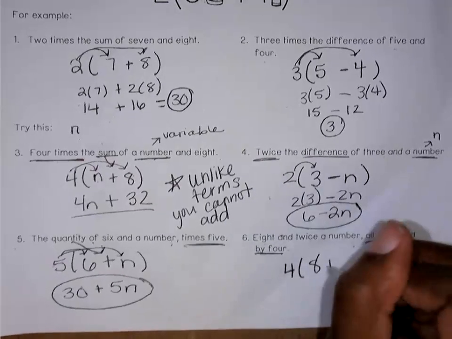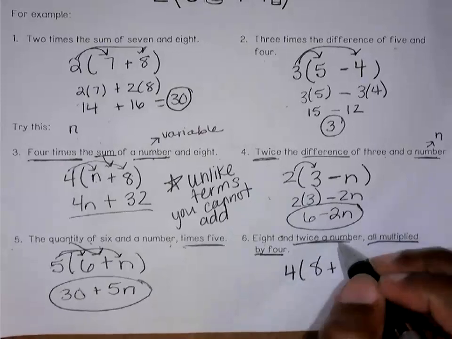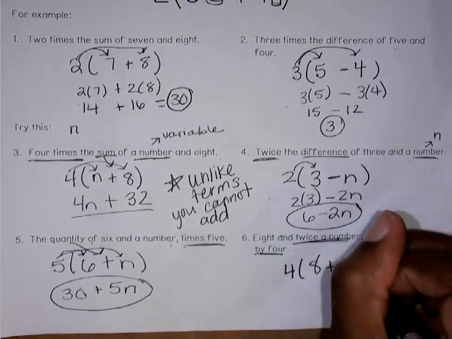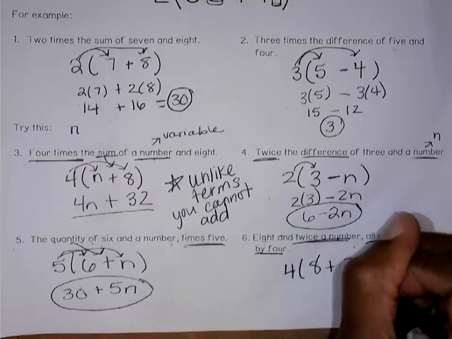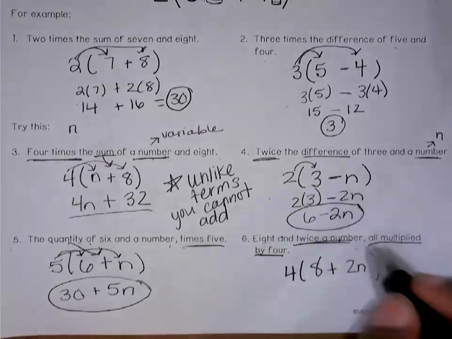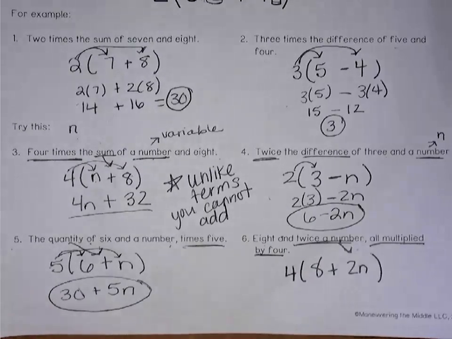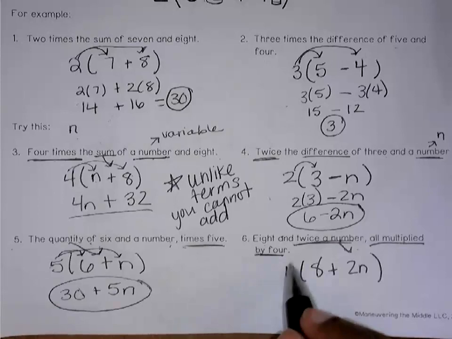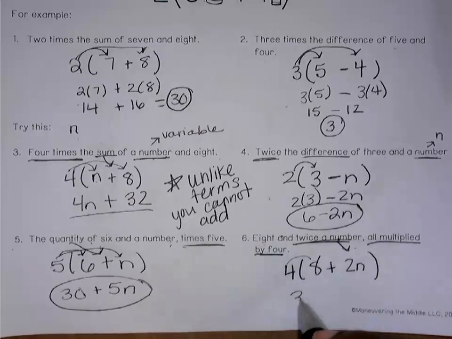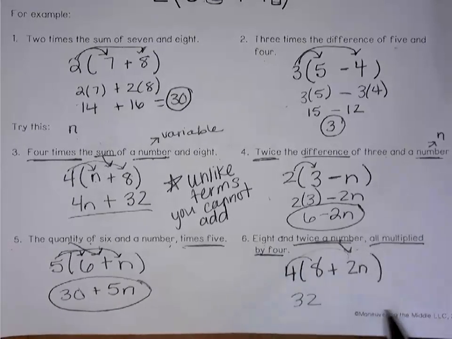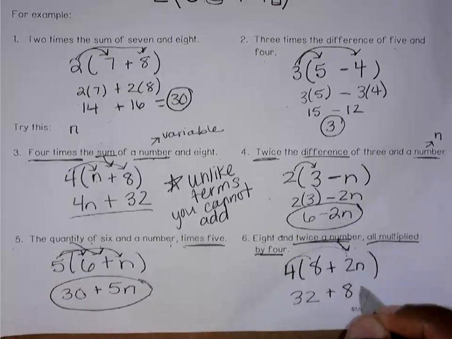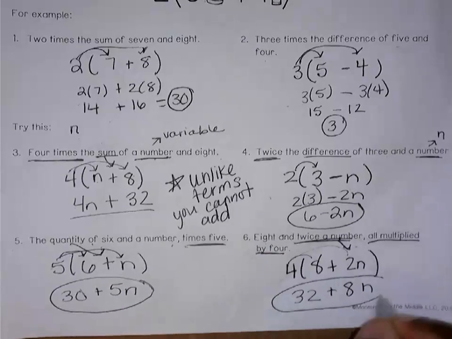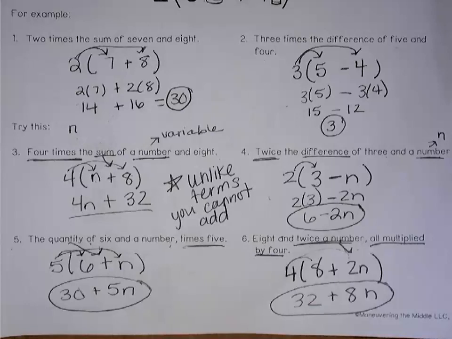Now it's just not a number, it's twice a number. So it will be 2n. All right? Twice a number. All right? Distribute the 4 out. You have 4 times 8 is 32. And 4 times 2n is 8n. And that will be your final answer.